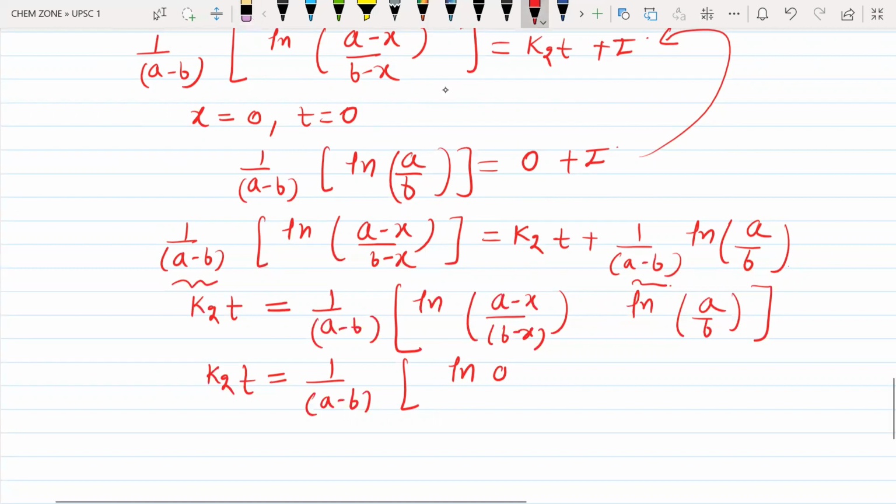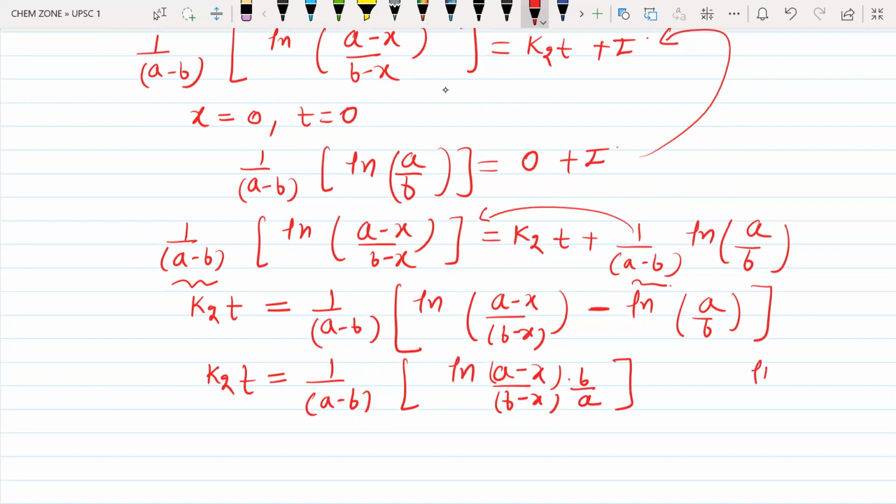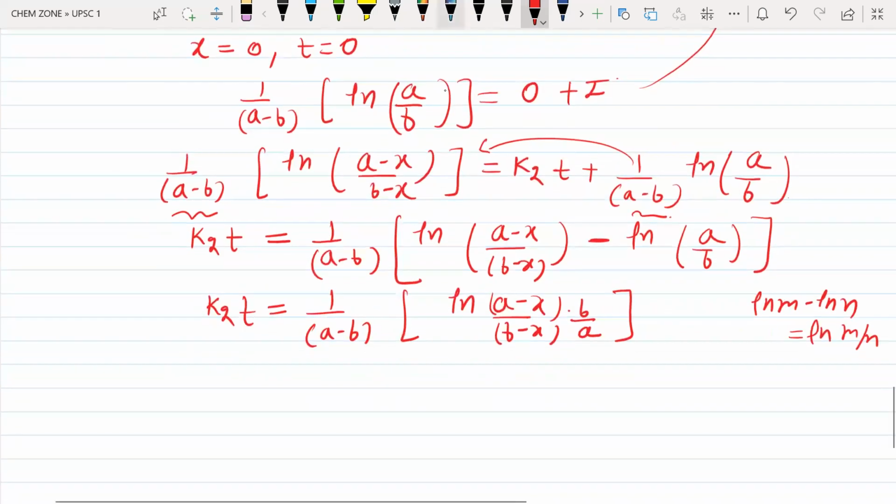When you take this term to this side, this will be taken as negative. So rather than multiplied, they get divided. As we know that ln m minus ln n will be ln m upon n.